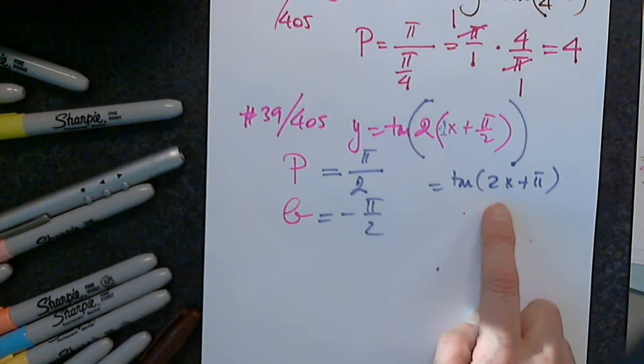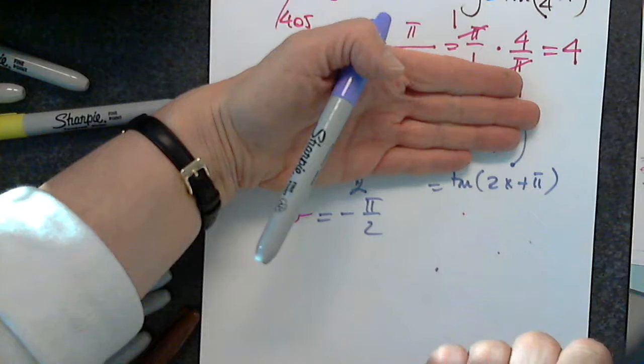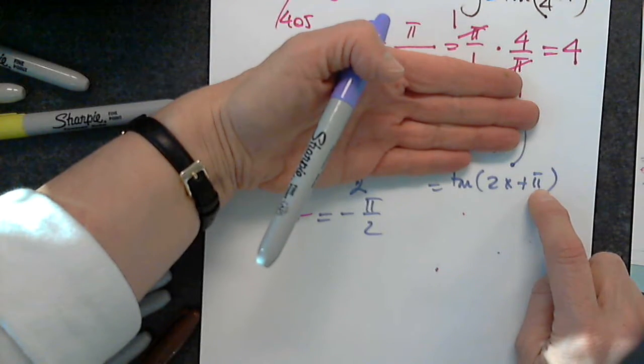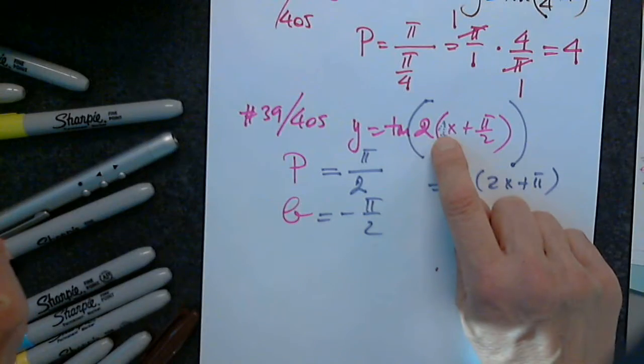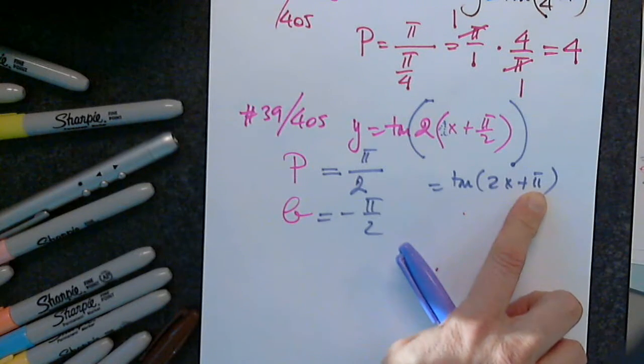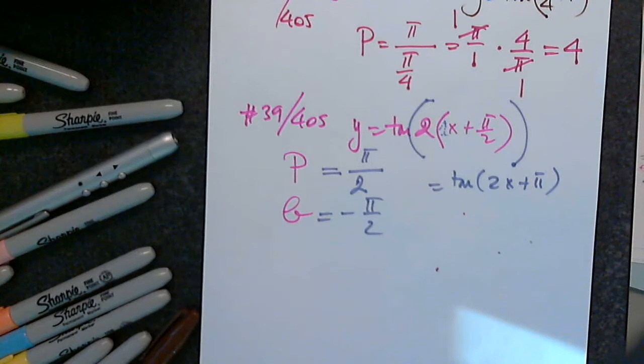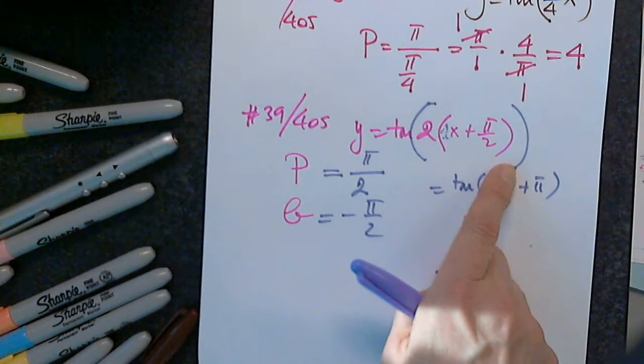So if you are given this, you have to pull it out before you find the phase shift. Okay. Gotcha. Yes, the leading coefficient must be 1. Otherwise, you are not going to identify the phase shift correctly. So the phase shift is not negative pi. Right. You have to make sure that this is 1. So you have to pull it out. Yeah, so you will have 2 parentheses x plus pi over 2.